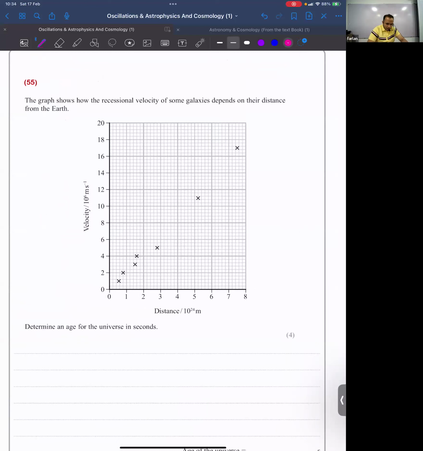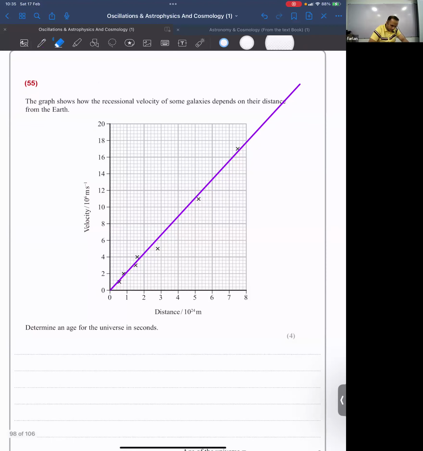So I need to draw the line of best fit here. So let's draw the line of best fit, which is here. I will get something like this, maybe. That's my line of best fit.